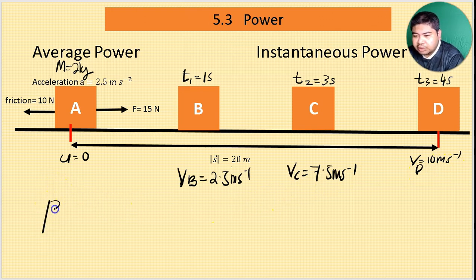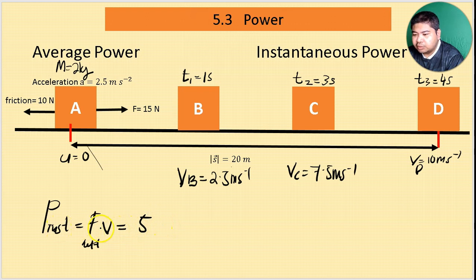So if we want to calculate the instantaneous power delivered to the block, we are going to multiply the force on the block times the velocity. So the force is going to be the net force that is applied to the block. We only have a net force in the x direction, so 15 minus 10, you have 5.